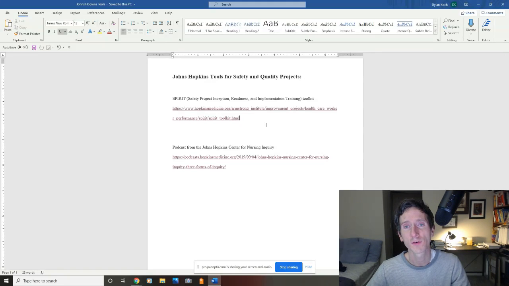What you'll find with doing these types of research projects, evidence-based practice, and quality projects is that tools really guide our thinking. We don't go into these projects willy-nilly and halfway thinking of an idea.